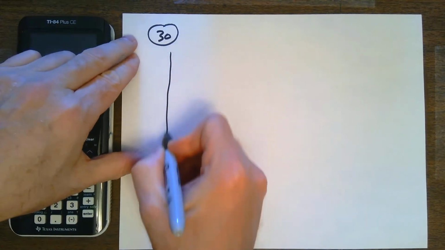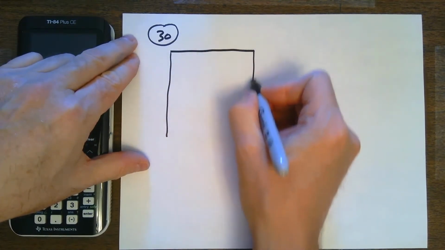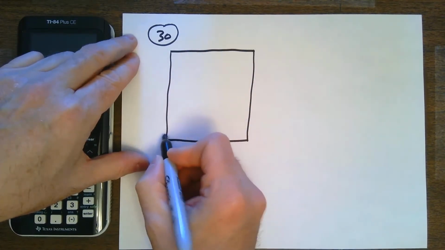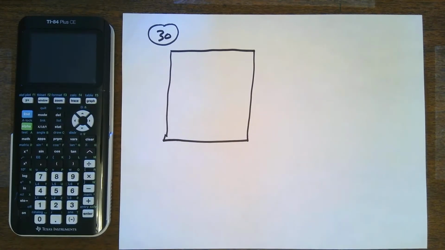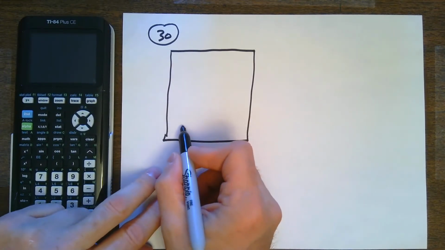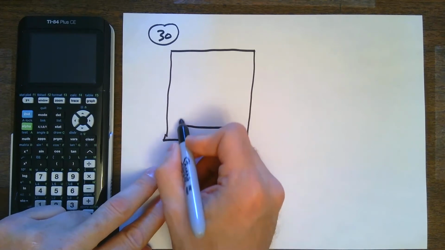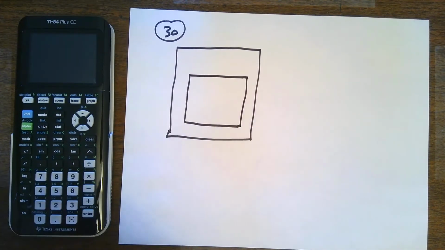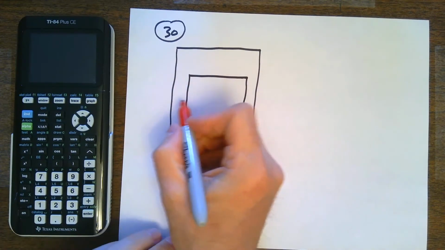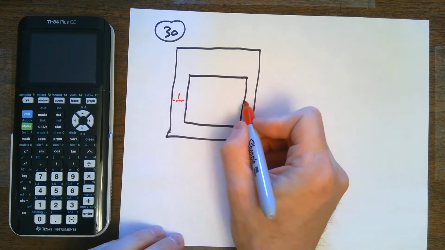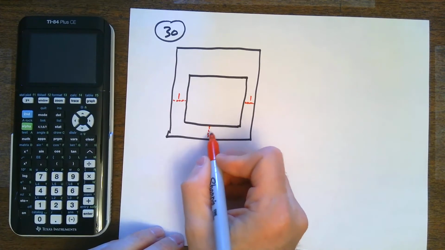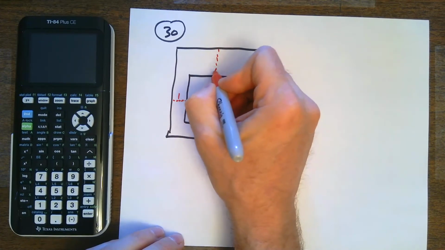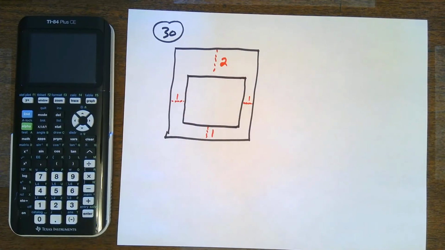So here's my poster. And I'm going to have margins around it of 1 inch on each side and the bottom, and 2 inches on the top.